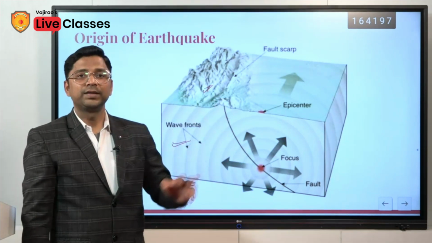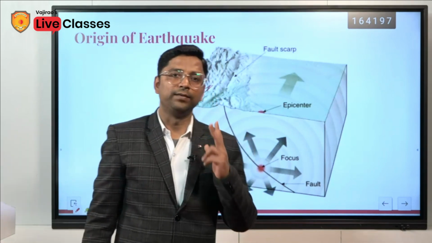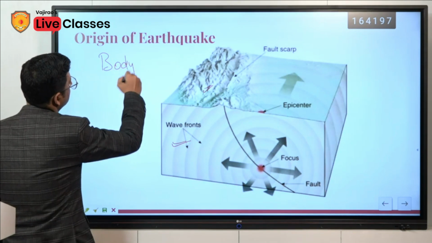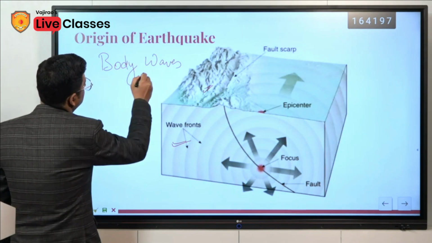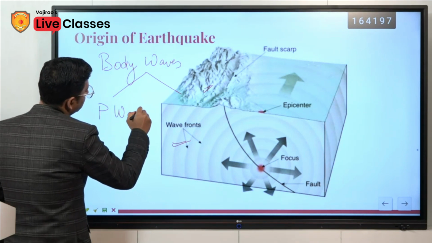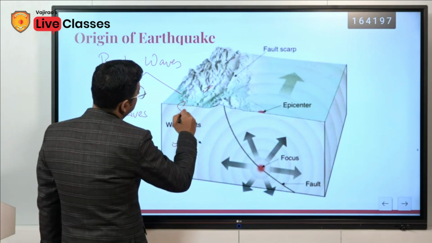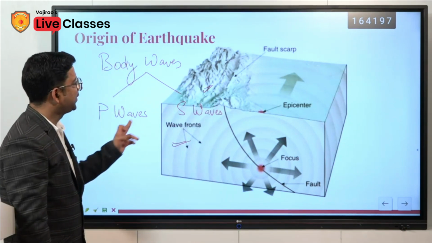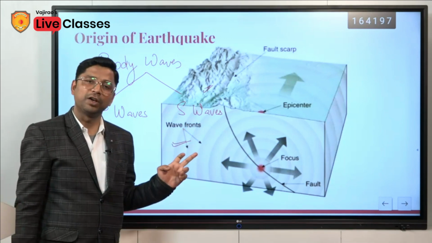Now there are two types of body waves: P waves or primary waves, and S waves or secondary waves. So P waves and S waves are the two types of body waves.